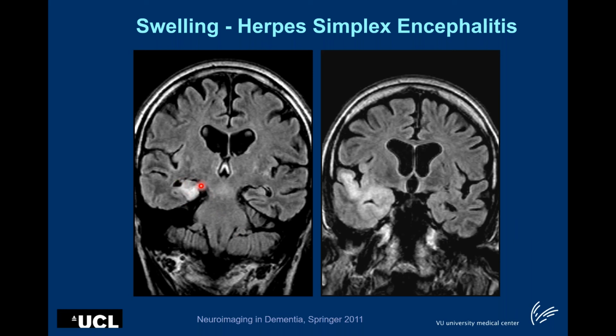Often it affects the medial temporal lobe, including the hippocampus, but quite typically spreads to the other parts of the temporal lobe, often also involves the insula. Can be bilateral, but often unilateral. So the presentation is a bit more acute than you would see in a typical dementia case.